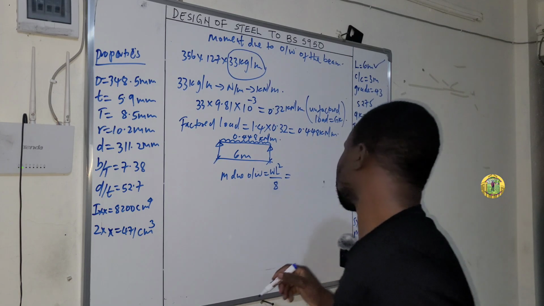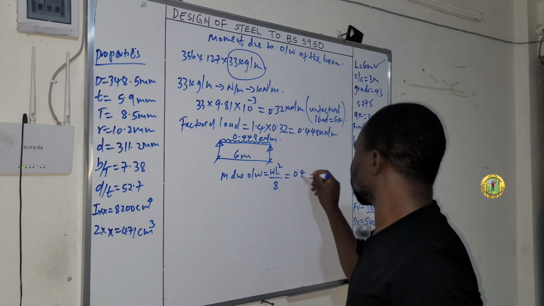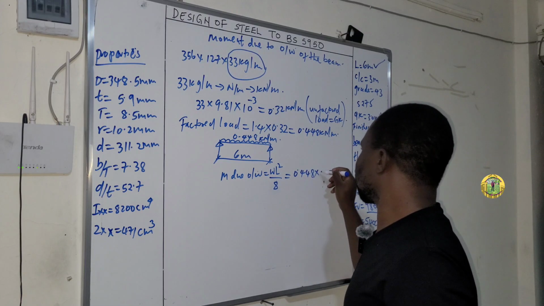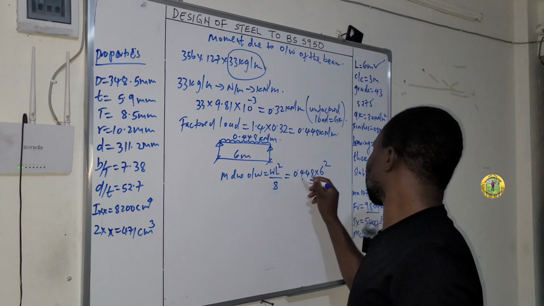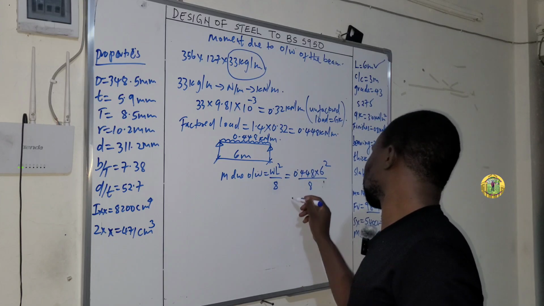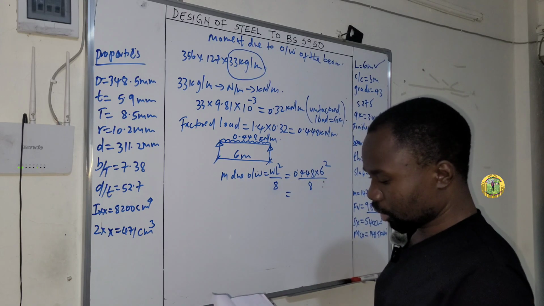So this one is equal to 0.448 times 6 square over 8.